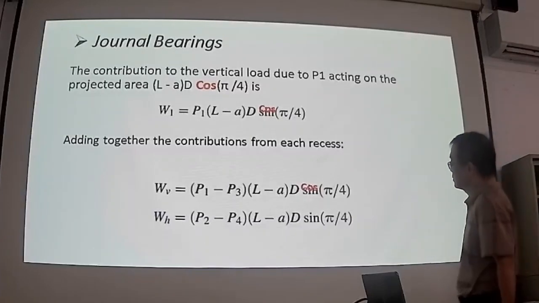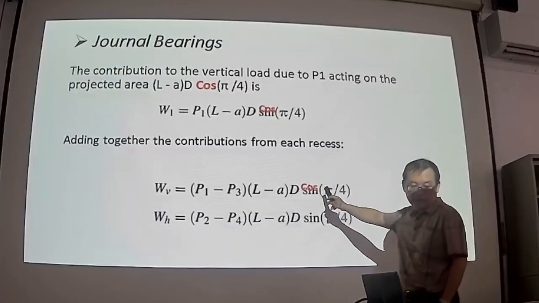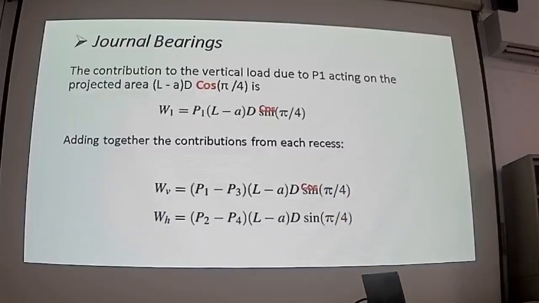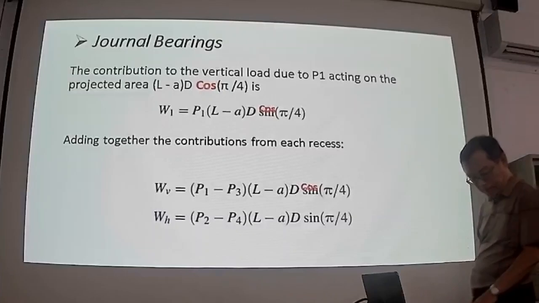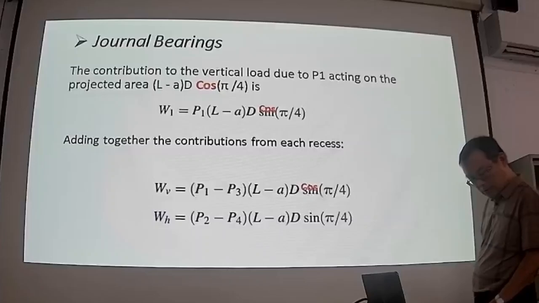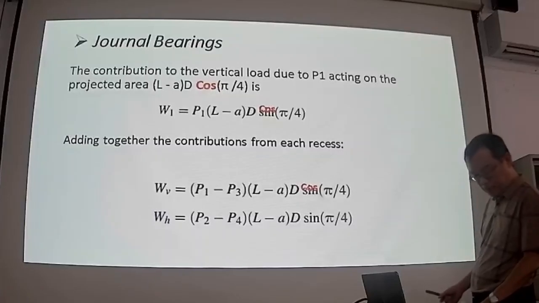This is also cosine. 原本书上是有错误，there are some mistakes in the original book. Okay. Right. So this is on page 42.